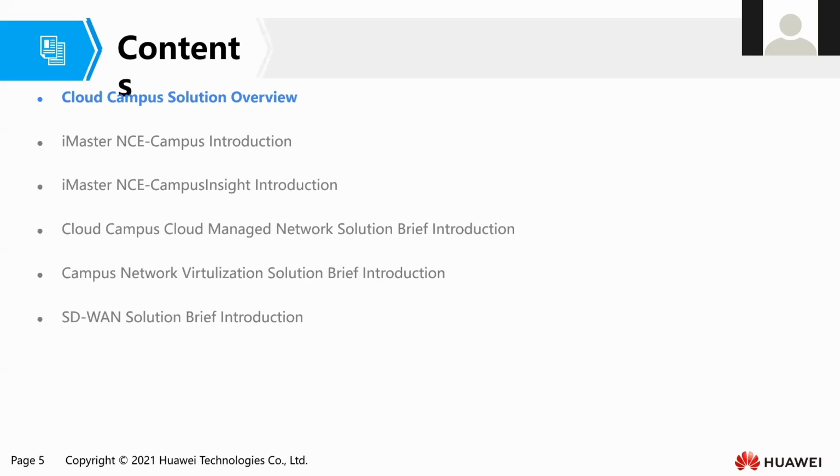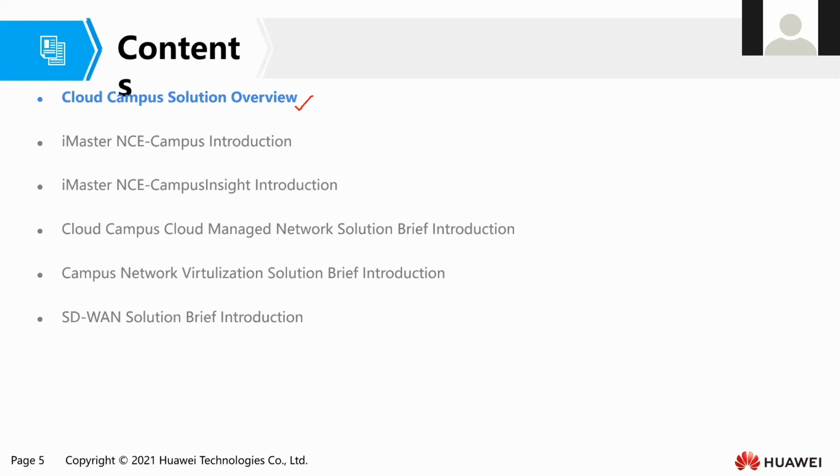These are the contents for today's training. First we will go through the Cloud Campus solution overview. In this part, we will discuss the architecture of the Cloud Campus and explain the solutions that we have inside our Cloud Campus.